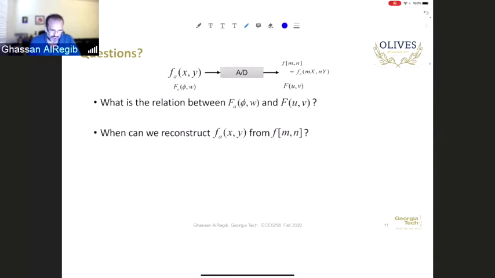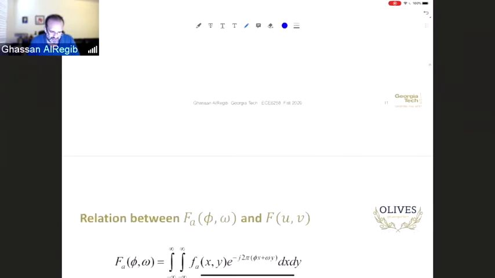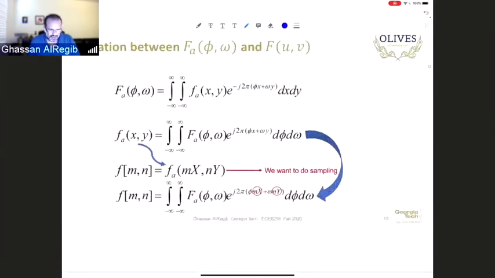The first question is, what is the relationship between the Fourier transform of our continuous signal and the Fourier transform of our digital signal? And the second question is, when can we reconstruct our analog signal from the discrete signal, which is something covered by the sampling theorem? So let's look at the relationship between the Fourier transform of the analog signal and the Fourier transform of the digital signal.